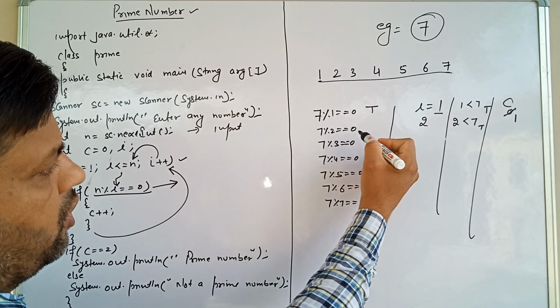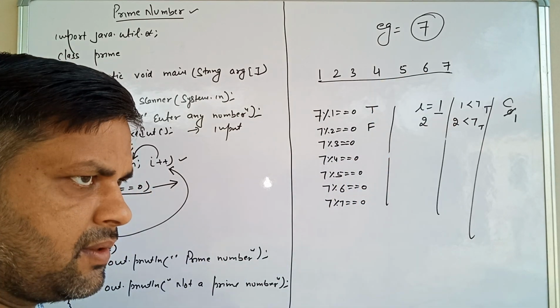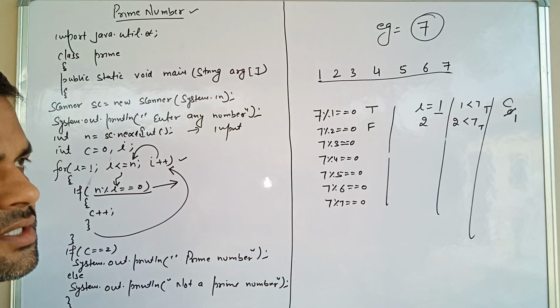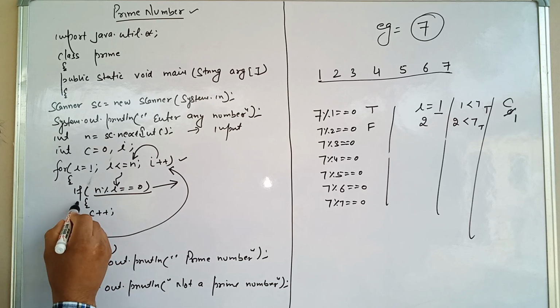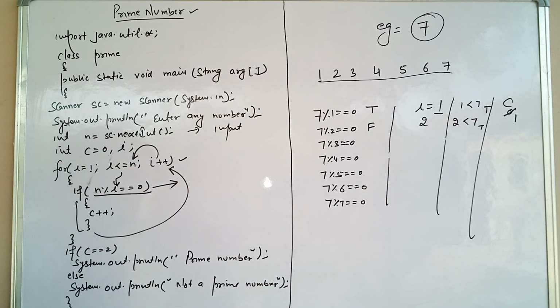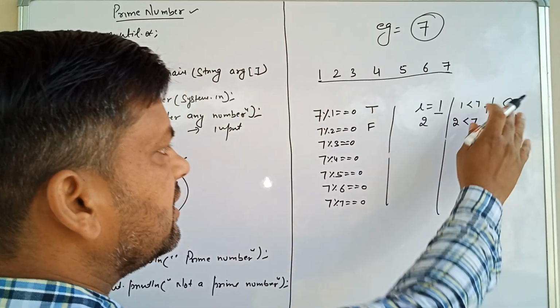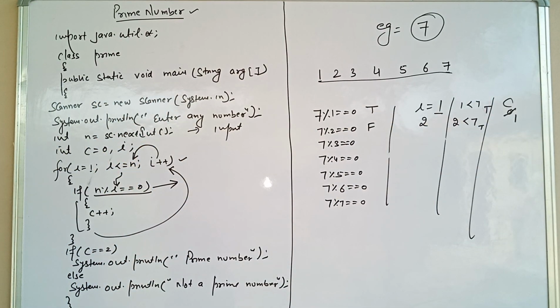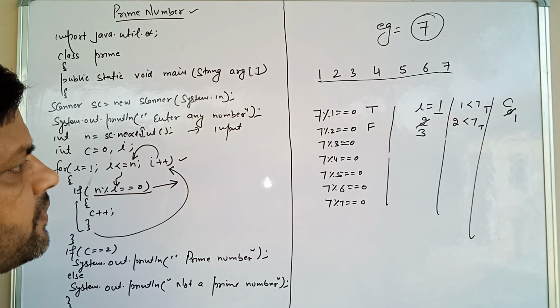Now n mod 2 equal to 0 will be false, because 7 is not completely divisible by 2. So this part will not be evaluated. It means C will not be updated. C will remain 1. Next time I value will be 3.